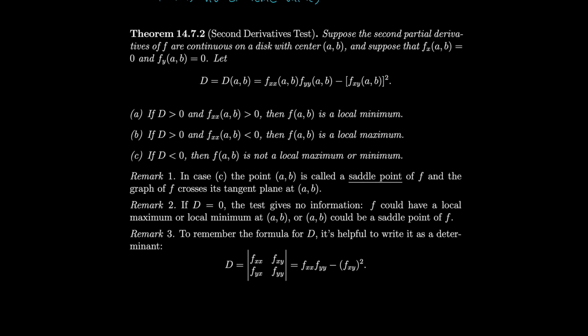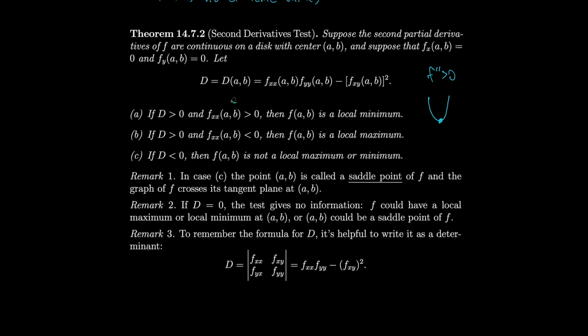If D is positive, and our second partial with respect to x is positive, then the value of our function at (a, b) is a local minimum. Remember, in single variable calculus, that was when we had something concave up, when our second derivative, f double prime, was positive, so it makes sense that it should be a local minimum.